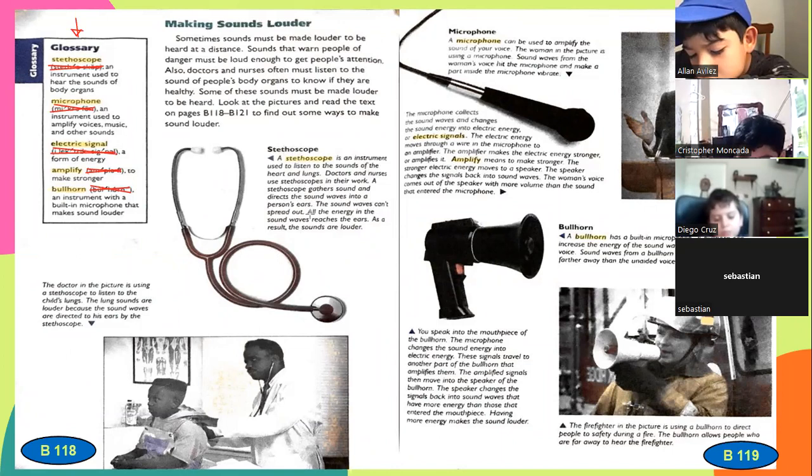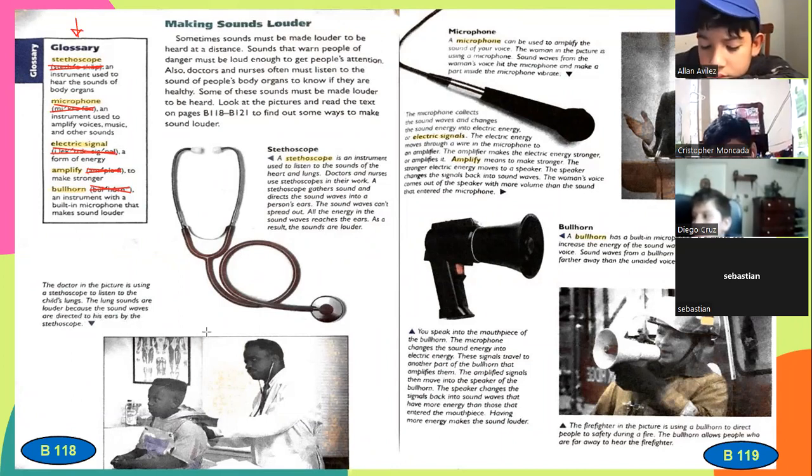But the stethoscope, no. The sound reaches just the doctor's ear. All the energy in the sound waves reaches the ear. As a result, the sounds are louder. The doctor in the pictures is using a stethoscope to listen to the child's lungs. The lung sounds are louder because the sound waves are directed to his ears by the stethoscope.